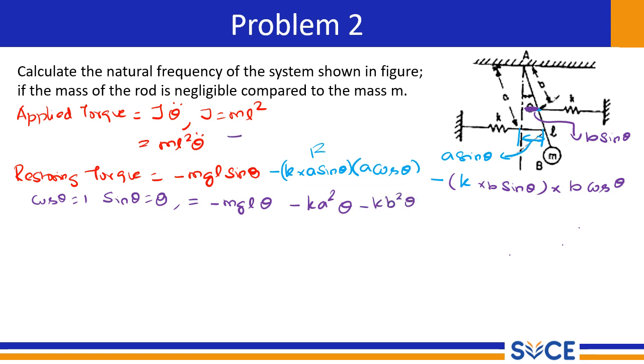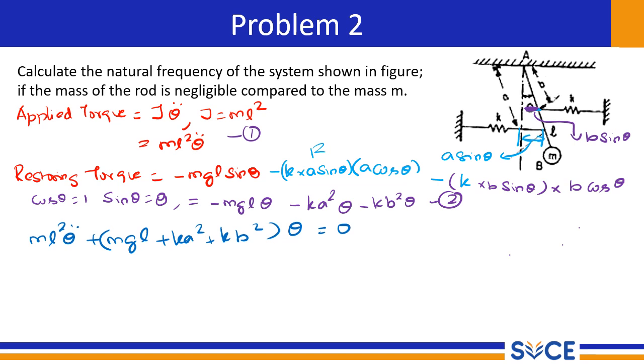So the first equation is this, the second equation is this. Now we equate the two as per Newton's law. So ml square theta double dot, putting all these things on one side, plus mgl plus ka square plus kb square into theta equal to 0.